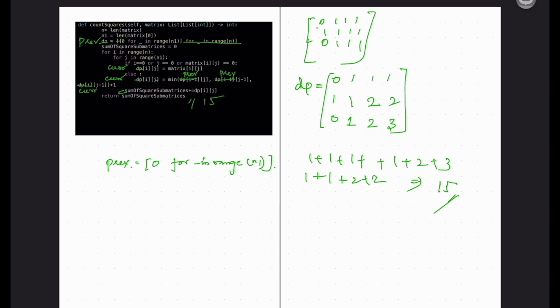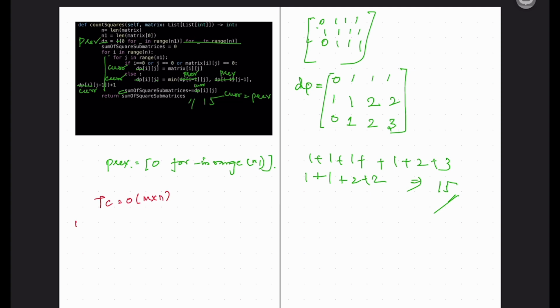Whenever you are adding, you just add current of i of j to the submatrix count, and once the j loop is terminated, you assign previous equals to current. By that you can reduce the space. The time complexity will be order of m cross n in both cases.